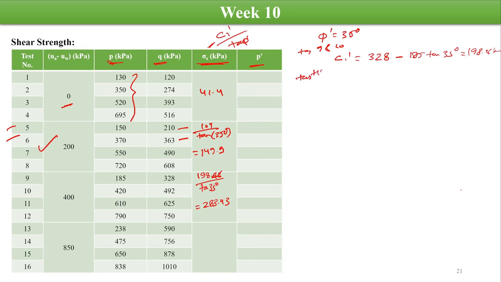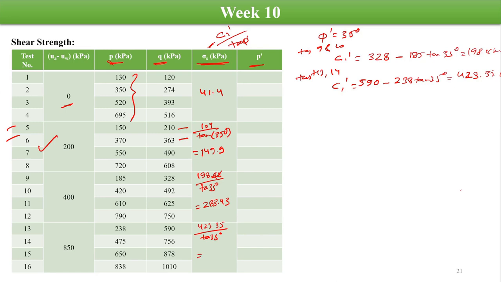And further, if we move, we can calculate the value of sigma s for the next set of experimentation. Let's say for test 13 and 14. So c1 dash will be calculated as 590 minus 238 tan 35 degrees. So 590 minus 238 times tan of 35 degrees, it will be equal to 423.35 kPa, and we can write here 423.35 upon tan 35 degrees.